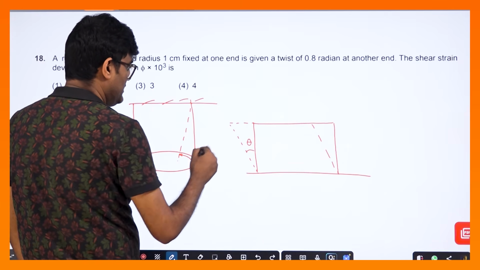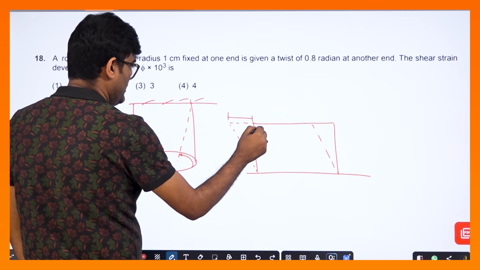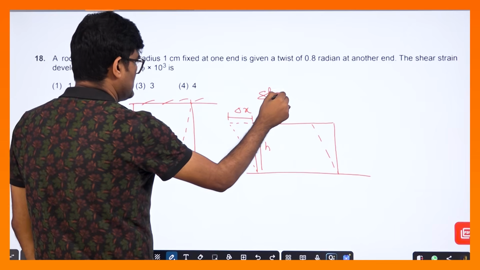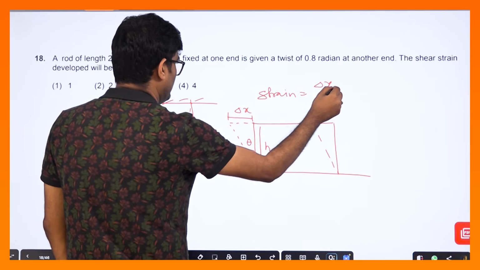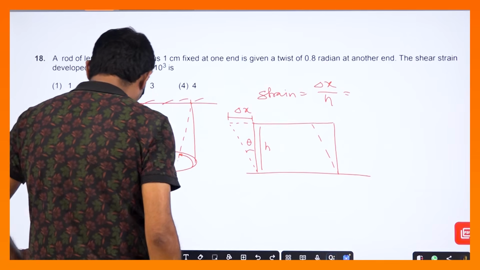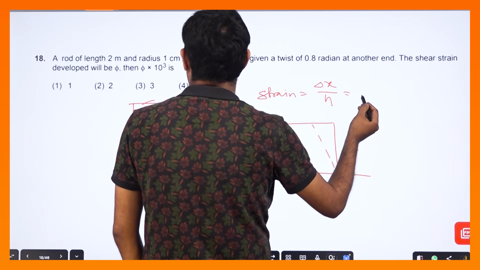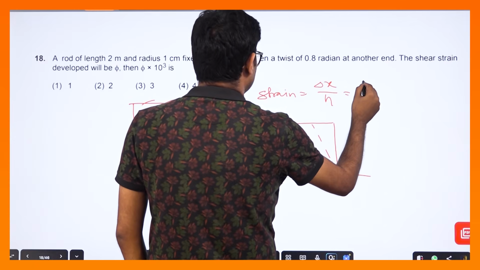So what is tan theta? Tan theta is this divided by this height h, delta x by h. So the strain is equal to delta x by h. Now delta x is equal to r theta. Here the radius is 1 centimeter.